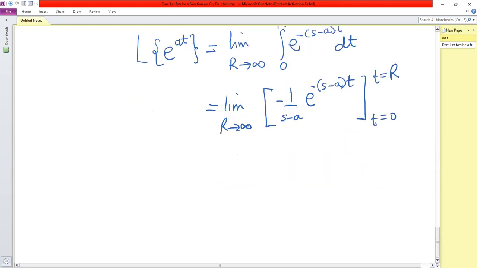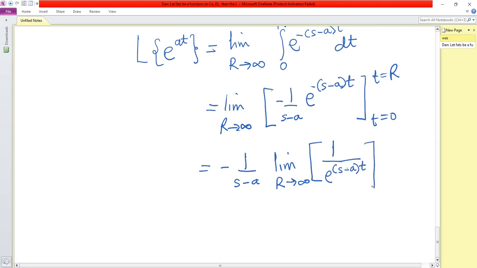Now, since minus 1 over s minus a is a constant and doesn't depend on r, we can pull it out of the limit. So negative 1 over s minus a, then the limit as r approaches infinity. Now, e raised to negative s minus a t can be written as 1 over e raised to power s minus a times t, and this is from t equals 0 to t equals r.